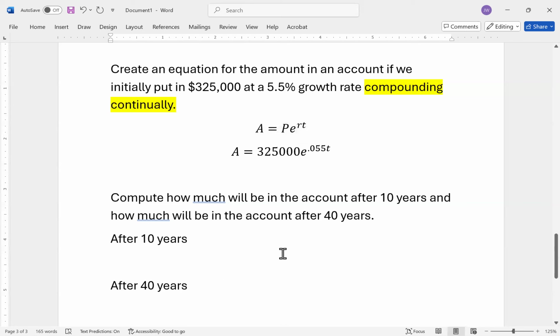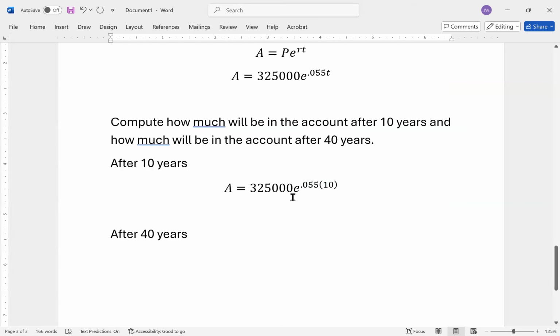Now, after 10 years, what we would do to find how much is in the account after 10 years is we take the 325,000 times E to the 0.055 multiplied times 10. The 0.055 is being multiplied by the 10 inside of the exponent. Make sure that that gets multiplied by the 10 inside the exponent.